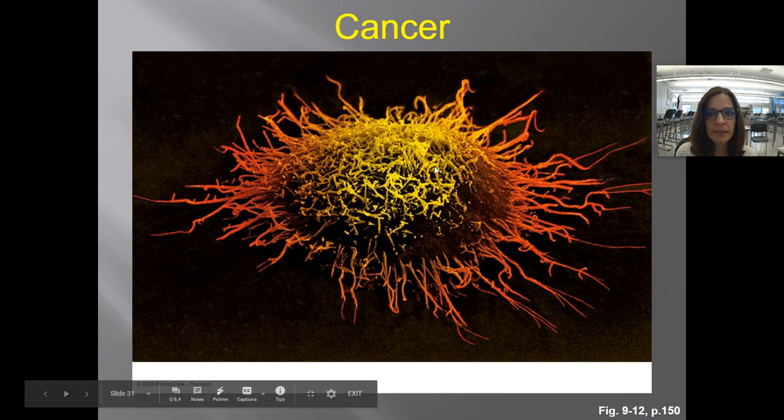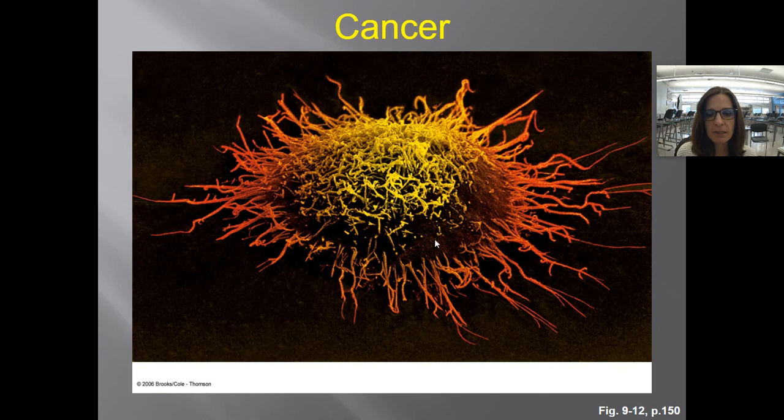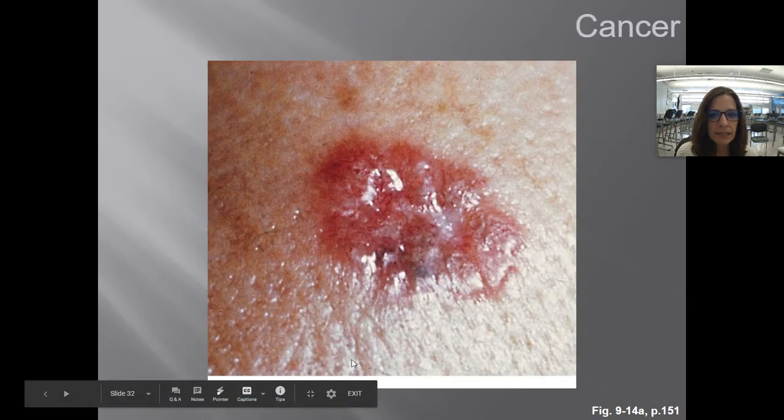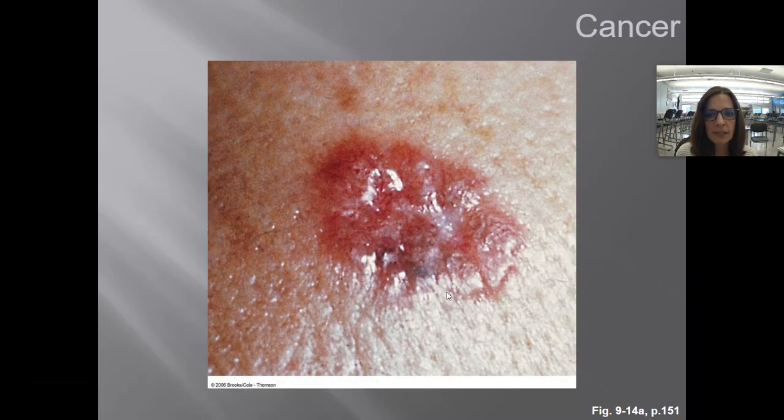So here is just a picture of a cancerous cell, and you can see that it's spreading, so it's metastasizing, so this would be a malignant cell. And then here is a picture of a skin cancer area, and you can see that the edges are kind of not smooth, and also it is red.